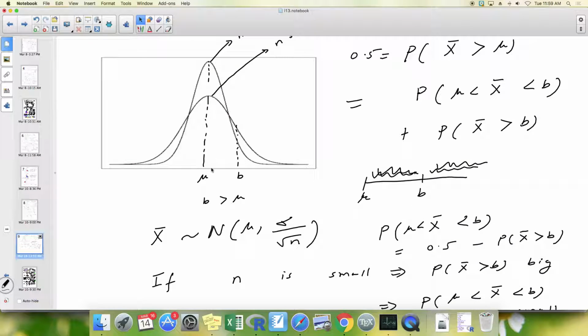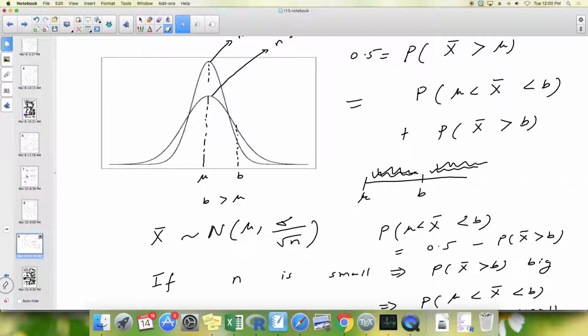So this probability between mu and b is strictly not a middle portion, but it kind of is. I mean, it's not probability between a and b, it's between mu and b. But it kind of is. So it's not that hard to remember for you.